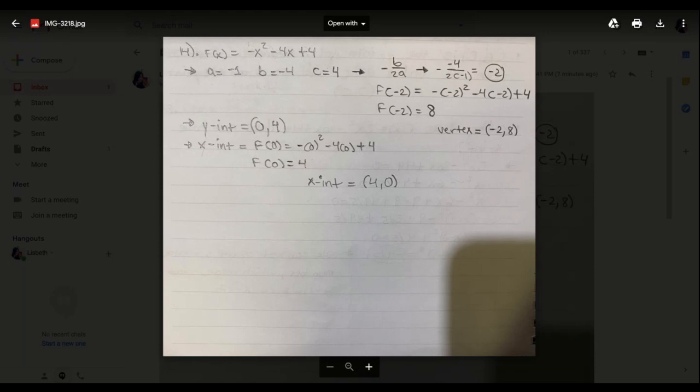We can write this as x plus 2 squared equals 8. Taking the square root of both sides, we get two solutions. The x-intercepts are negative 2, 0 and 6, 0.